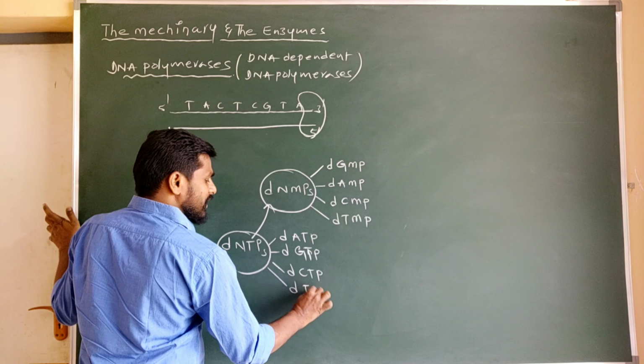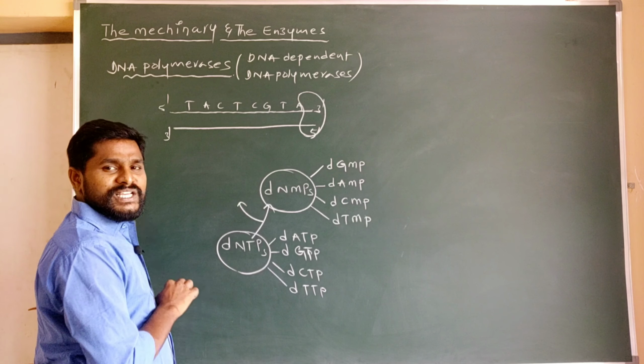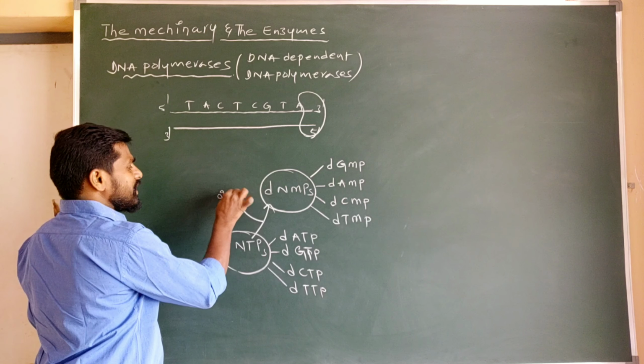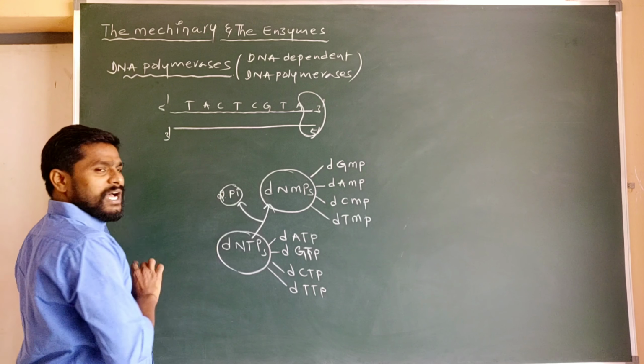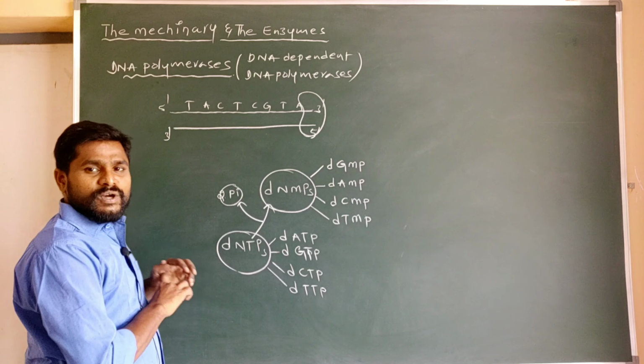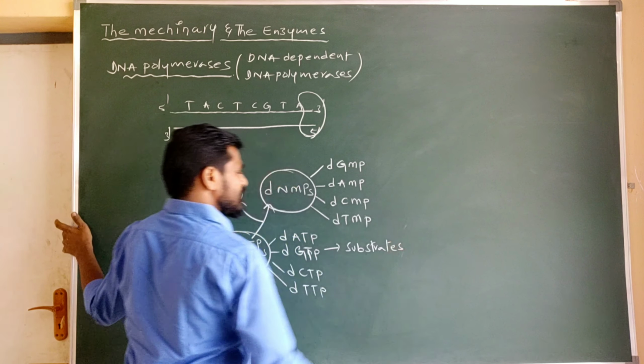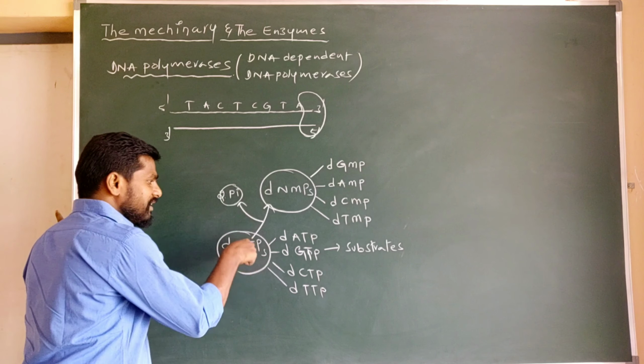So in order to give these monophosphate nucleosides, these triphosphate nucleosides undergo dephosphorylation reactions, 2 dephosphorylation reactions, thereby releasing 2 inorganic phosphates or a pyrophosphate. These deoxyribonucleoside triphosphates are acting as substrates in this polymerization reaction as they are giving the monomeric units of DNA molecule.